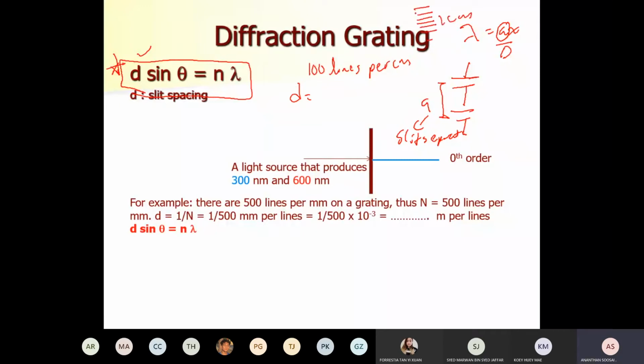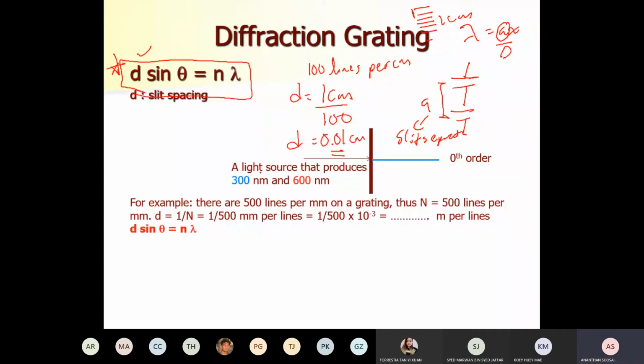What is the distance between one slit and another? How do you find it? 1 centimeter divided by 100 will give you the slit spacing. In this case, it's 0.01 centimeter.